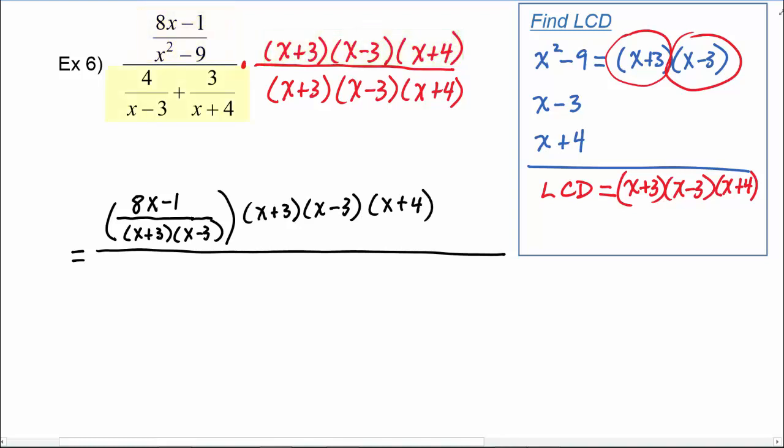Next, we'll take denominator times denominator, and we're going to have to distribute.